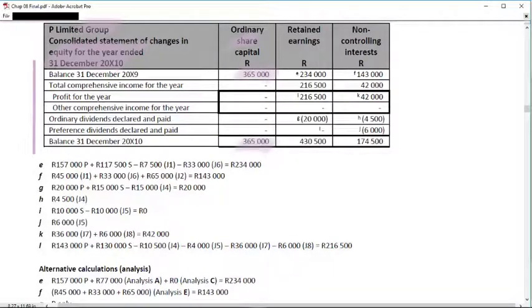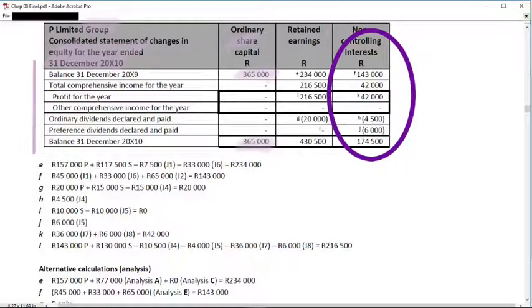We do not have preference share capital in this example because the parent didn't have any preference share capital, only the subsidiary, and that got eliminated. Now, the effect of Chapter 8 on this statement is that your non-controlling interests very specifically now comprises more amounts that you end up adding together.